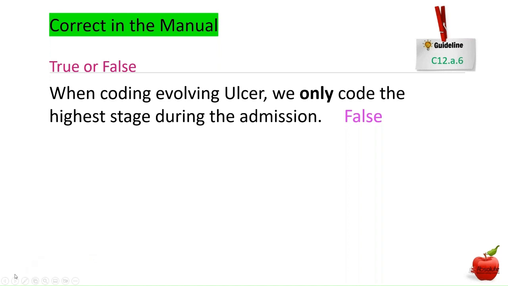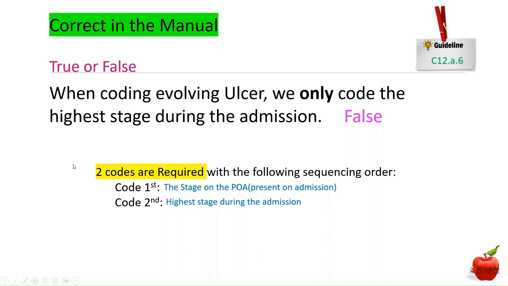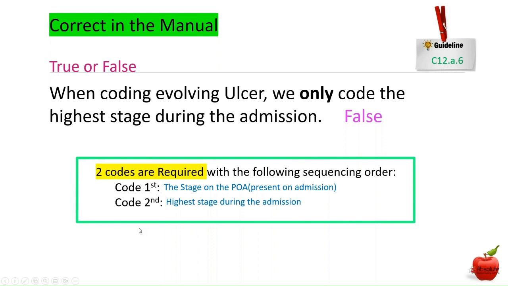Remember, how many codes do we need to code for? We have to have two codes. Two codes are required with the following sequencing order. In fact, the first code has to be the stage that is present on admission, or the POA, followed by the highest stage during the admission, right?